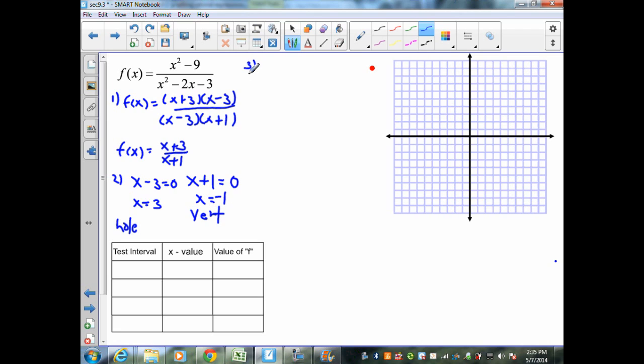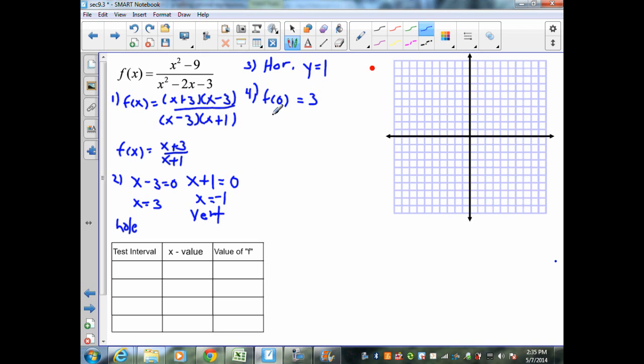Step 3, I want to find my horizontal asymptote, which depends on the degree of the numerator and denominator. Since the degrees are the same, it's the ratio of their highest degree coefficients, which would be 1 over 1. So I have a horizontal asymptote at y equal to 1. Now I want to find my y-intercept, so I'm going to let x equal 0, and when I plug in 0 for x in the simplified function, I get negative 9 over negative 3, which is 3.